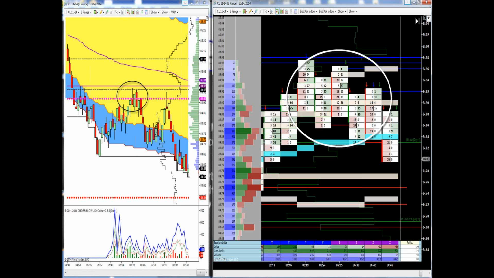There are many different ways that you can use it, and I'm using it in conjunction with my own setups. So if you have setups that you love to trade, you can still make use of order flow. So on the left here, this is crude, on an 8-tick range chart.